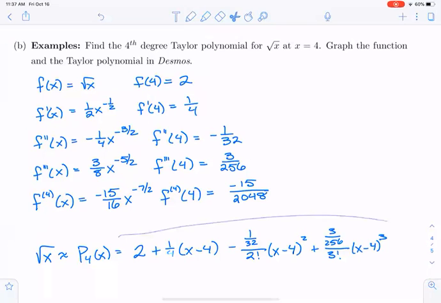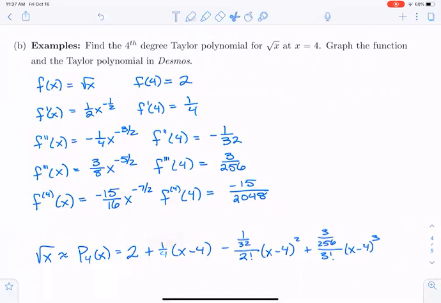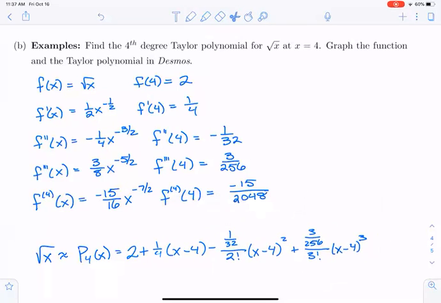And I certainly did not give myself enough room here. This is going to be minus 15 over 2048 divided by 4 factorial, x minus 4 to the 4th power.